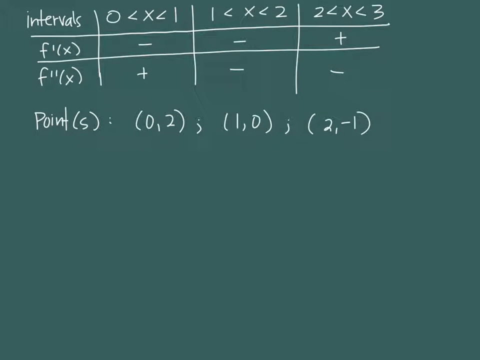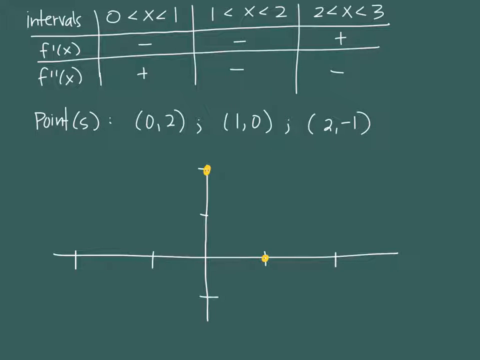And so let's sketch our graph here and give yourself enough space. And we're going to spread these out. So we know that 0, 2 is a point on our graph. We know that 1, 0 is a point on our graph. And we know that 2, negative 1 is a point on our graph.